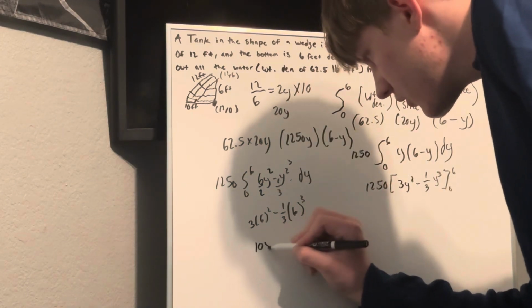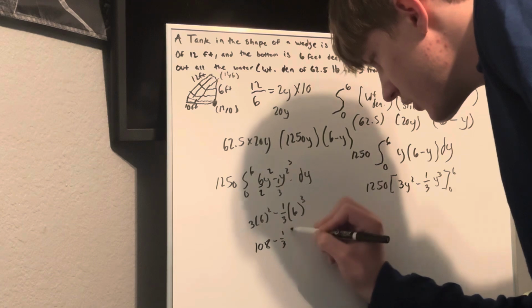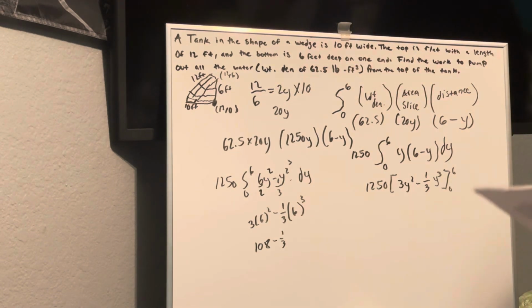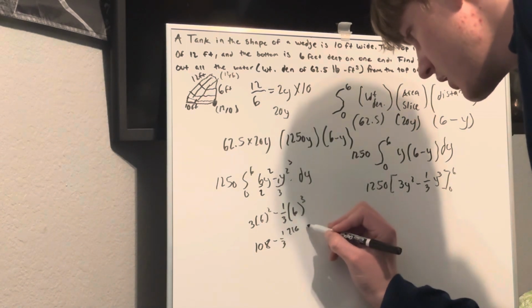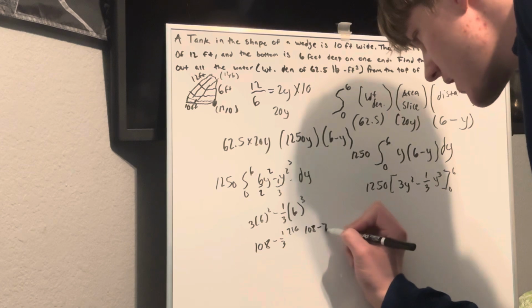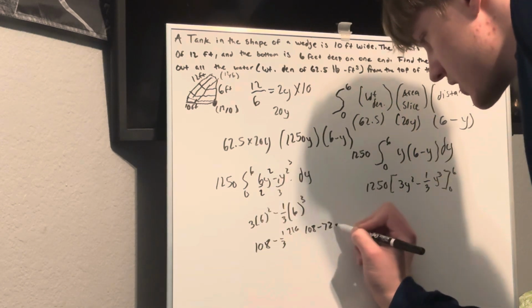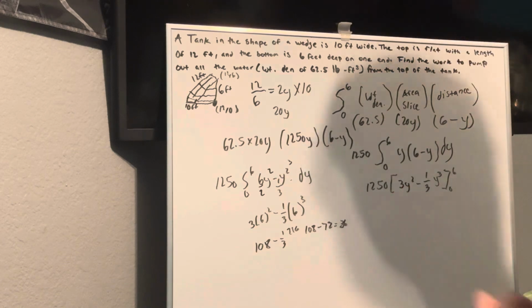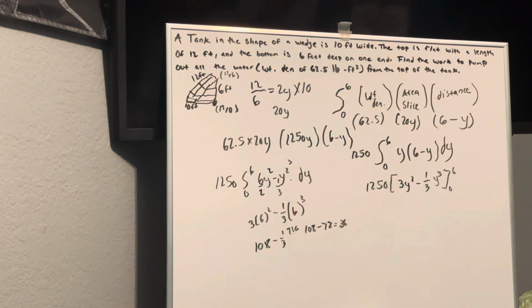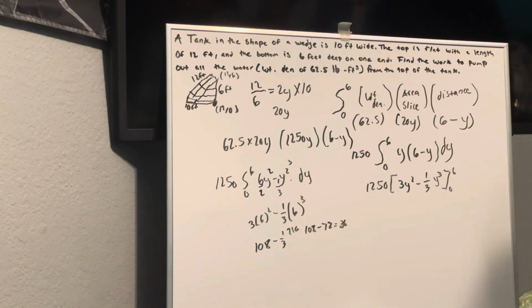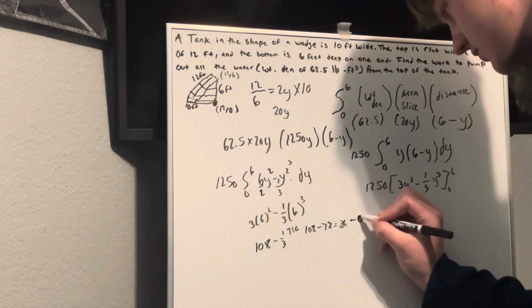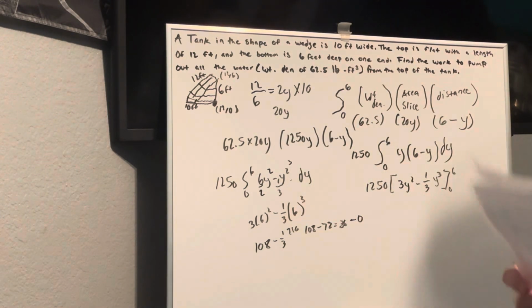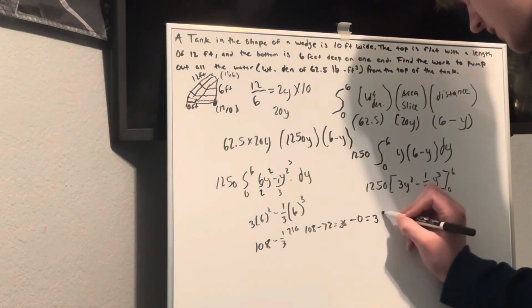Now we have 1/3 times 6 cubed, which is 216. 216 divided by 3 is 72. 108 minus 72 gives us a total of 36. Now we have to plug in our 0. And to show our work, if you plug in 0, you get 0. So 36 minus 0 is going to be 36.